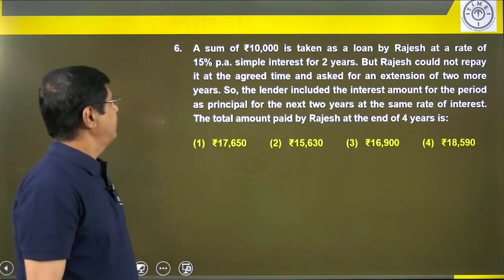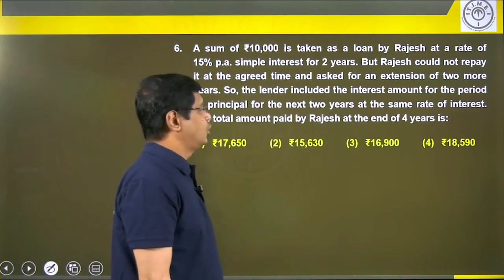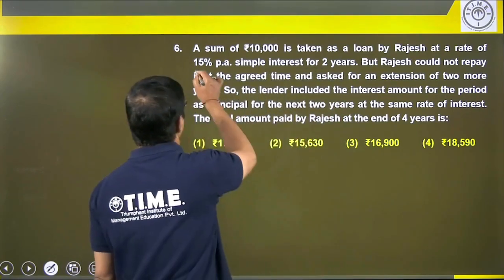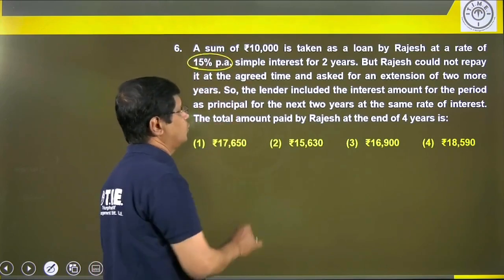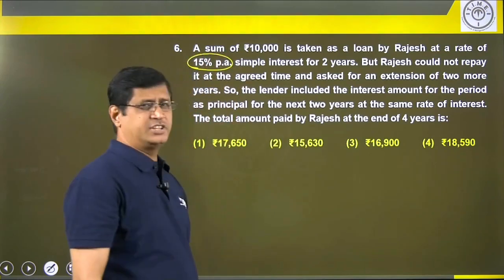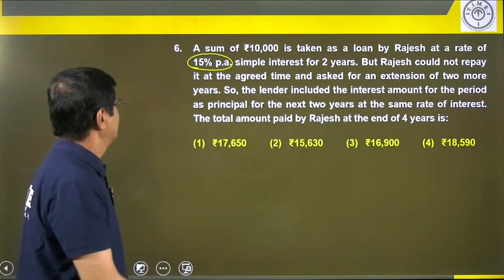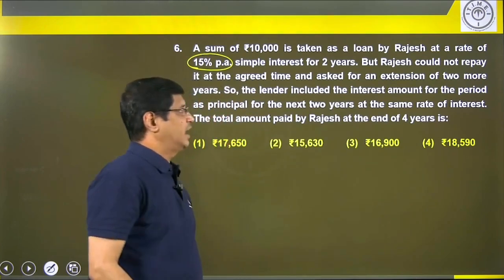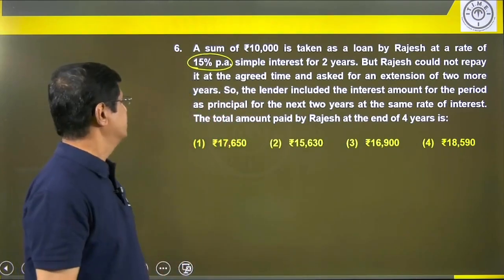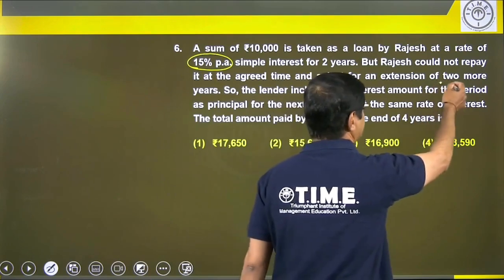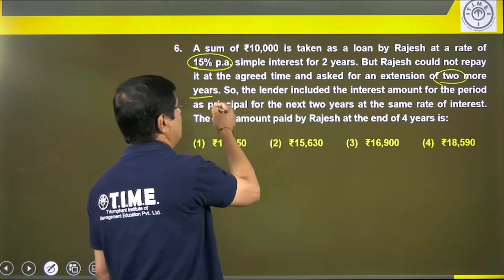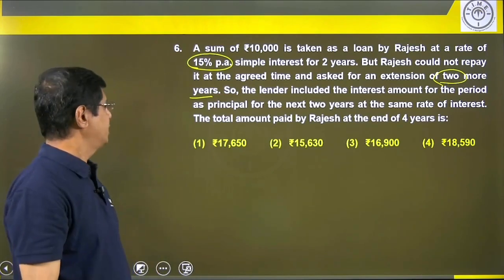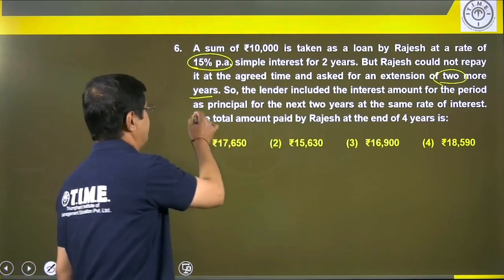A sum of rupees 10,000 is taken as a loan by Rajesh at a rate of 15% per annum simple interest for 2 years. But Rajesh could not repay it at the agreed time and asked for an extension of 2 more years. Okay, so the lender included the interest amount for the period as a principal.